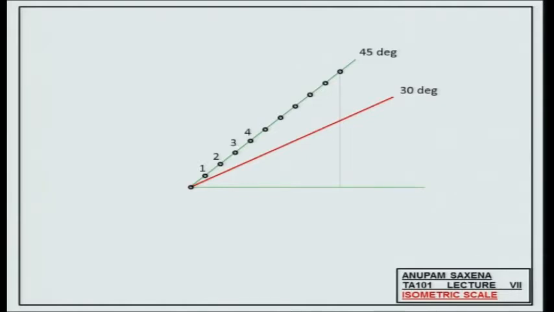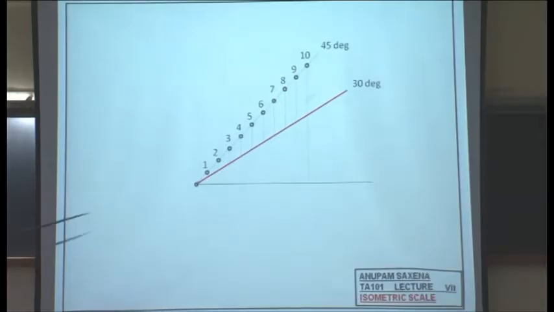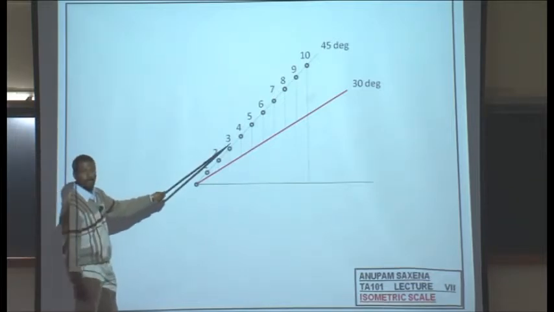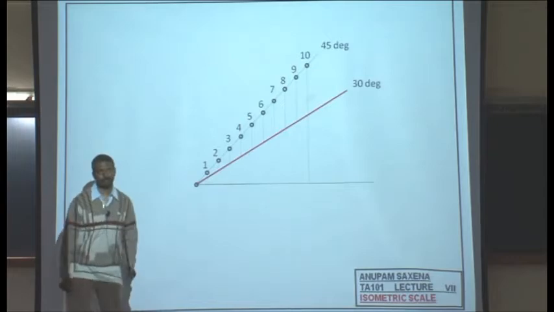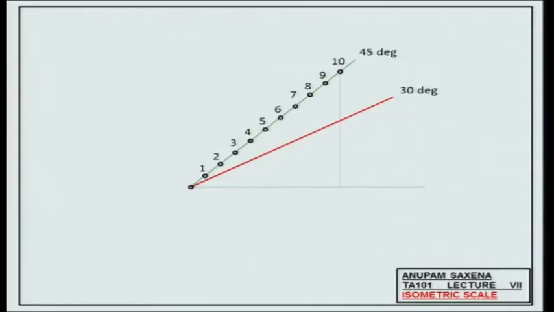Mark these points, draw verticals on the red line from the green line. So this is the true scale, and this is the isometric scale. Okay? So this is the second take home message from today's lecture.